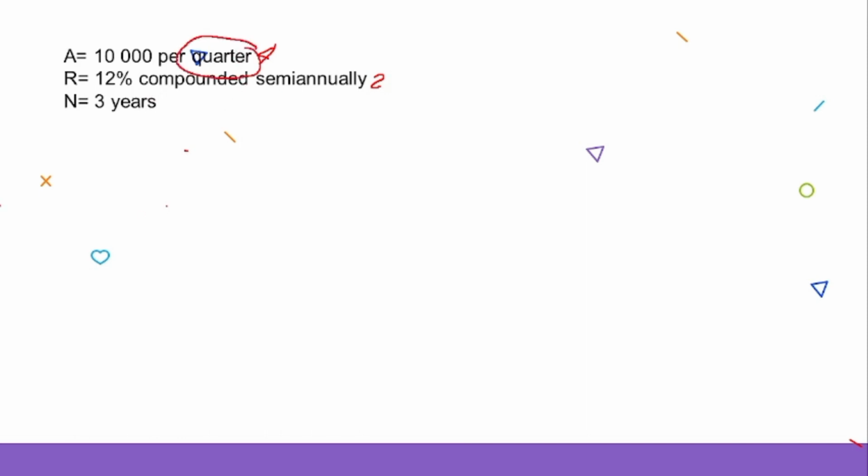So, again, the first step is to calculate the effective annual interest rate. So, that would be 1 plus our interest rate is 0.12 all over semi-annual is 2, raised to 2 minus 1. So, this is equal to 0.1236. So, this is 12.36 effective annual interest.